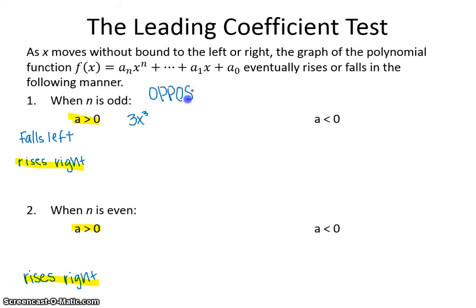So if I rise to the right, I fall to the left. Whereas over here, where n is even, if I rise to the right, I do the same thing to the left. They have to go in the same direction. So that's going to rise to the left.